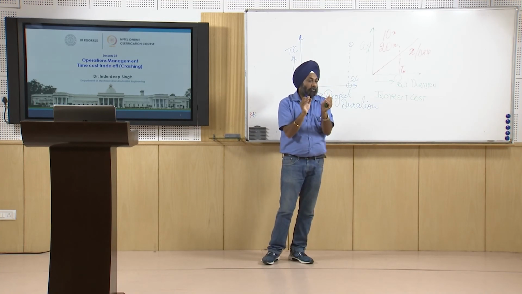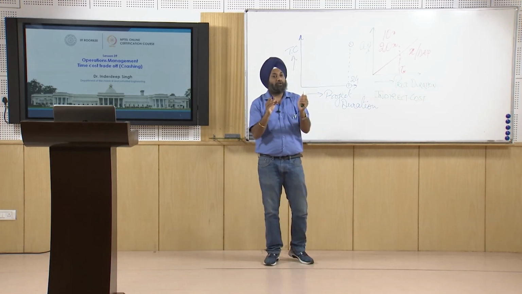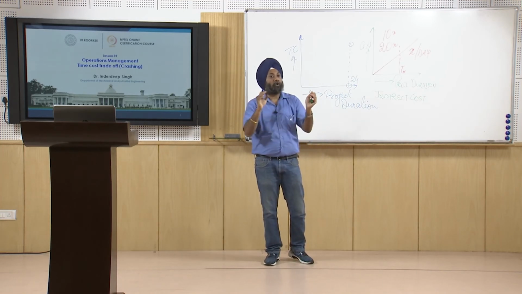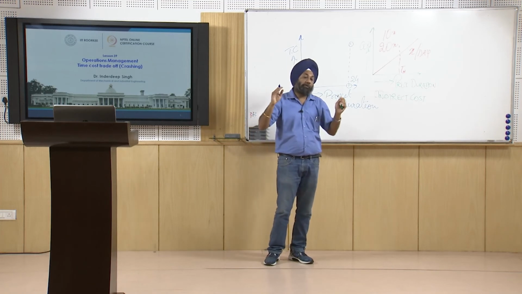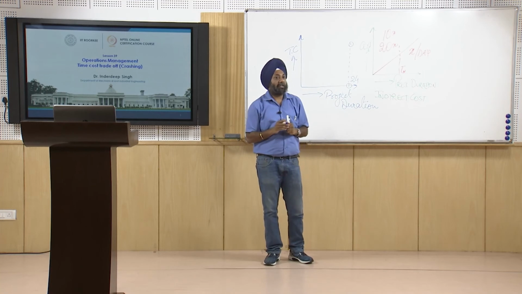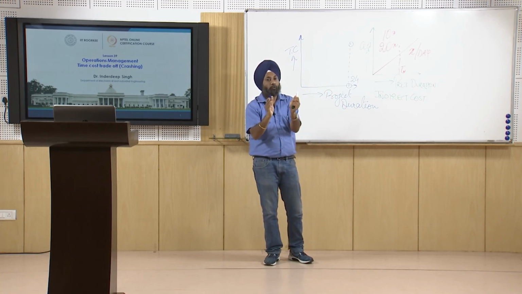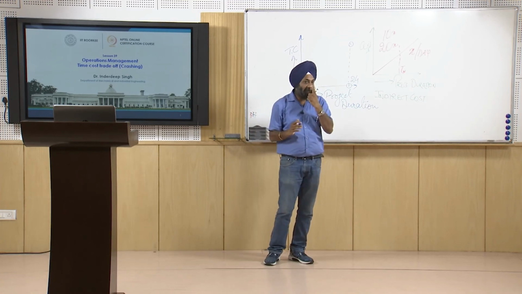We have to focus on the critical activities only, or the activities that lie on the critical path, because that is the longest path. So if we want to reduce the duration of our project, we have to focus on the critical path, so that when the duration of the critical path reduces, the overall project duration will reduce.